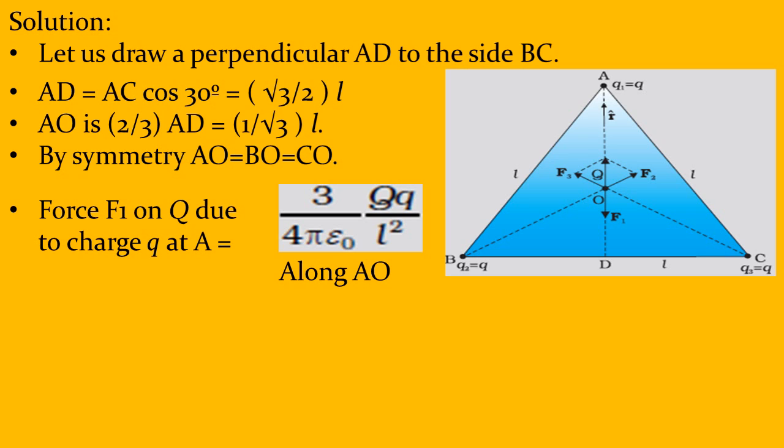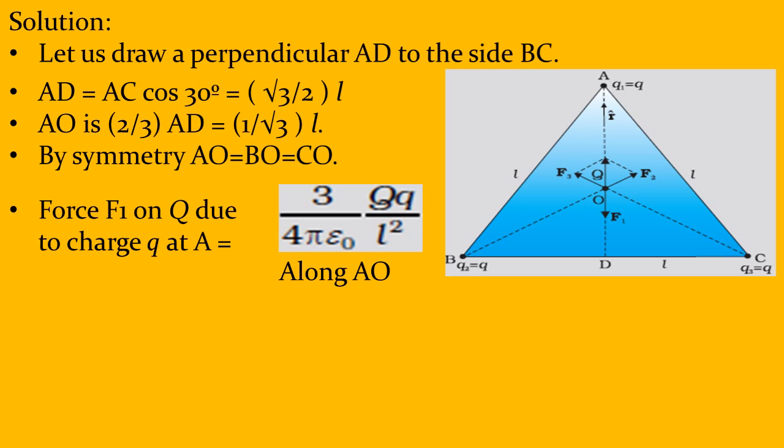Now that is equal to, you will find here, 3 by 4 pi epsilon naught Q into Q divided by L square. Now you will say, sir, how did you get this? Now by Coulomb's law, it would be 1 upon 4 pi epsilon naught into the product of the charges capital Q and small q divided by square of the distance.